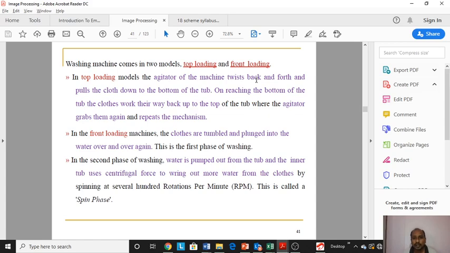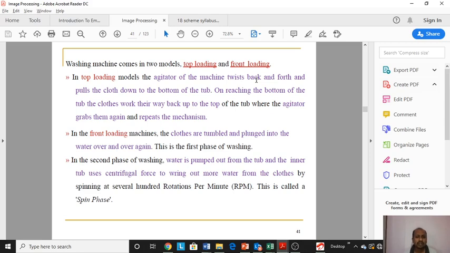On reaching the bottom of the tub, the cloths work their way back up to the top of the tub, where the agitator grabs them again and repeats the mechanism. So the cloths go to the bottom, then start coming upside. That is how this agitator is going to work.